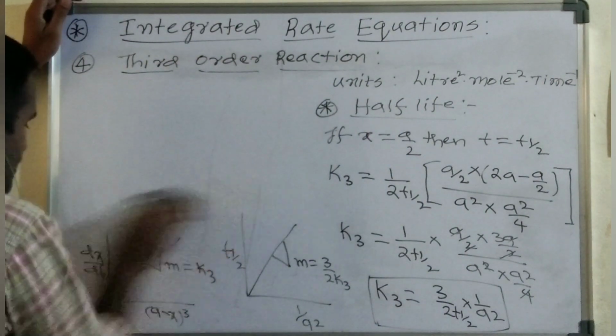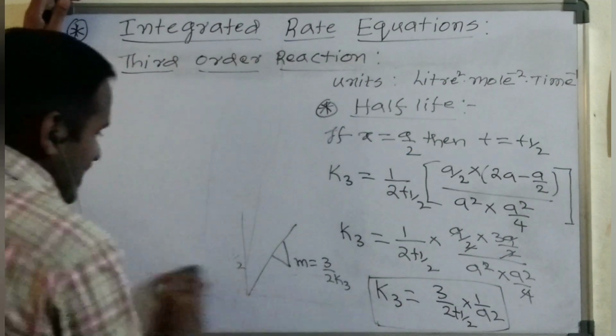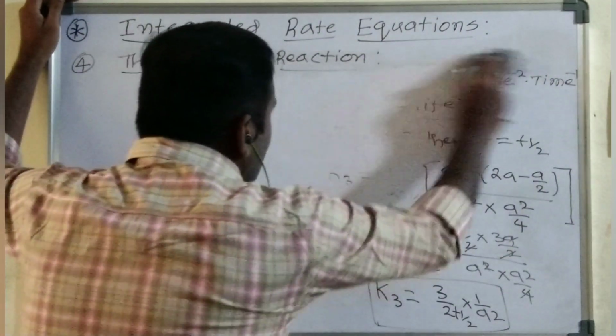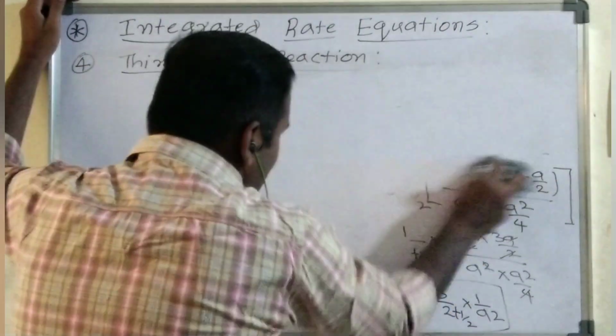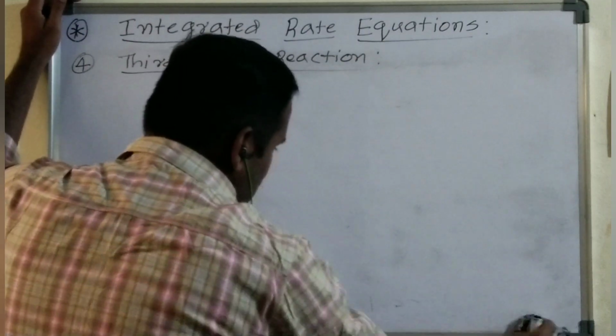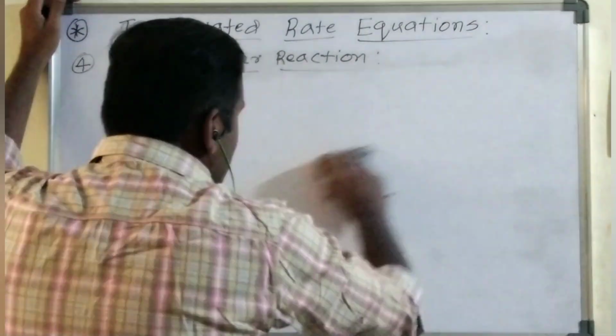If two or more than two reactants are involved in the reaction, or if all three different reactants are involved, then the rate of the reaction and the rate constant are going to be different. We have just seen a single reactant.